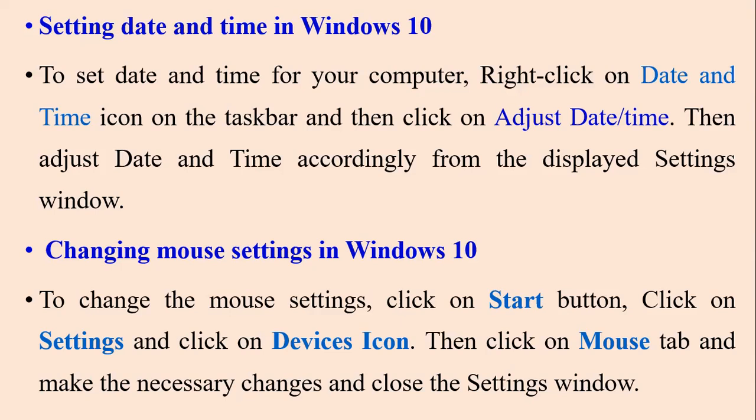Once you click on Settings, the Settings window will appear on your screen from where you click on the Devices icon, or you can call it the Devices tab. Once you click on Devices, another screen or window will appear from where you look for Mouse. Then you click on Mouse, and from there you make the necessary changes and you close the Settings window once you are done.